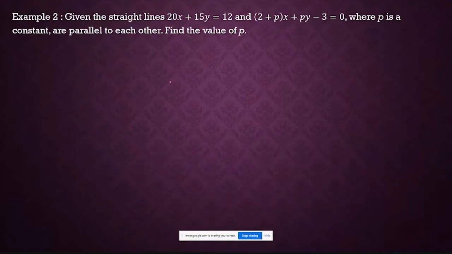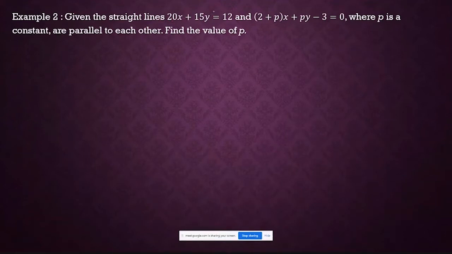Example 2, given the straight lines 20x plus 15y equal to 12, and 2 plus px plus py minus 3 equals 0, where p is a constant, are parallel to each other. Find the value of p. Okay, now you are given the relation between two lines. The first line is 20x plus 15y equal to 12.